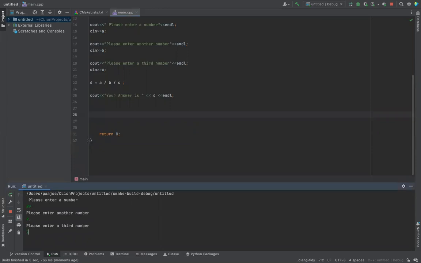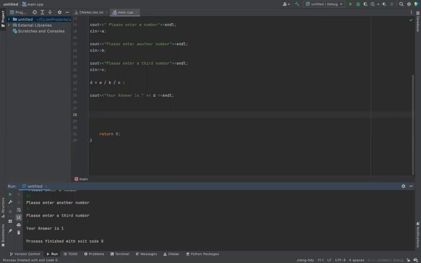89, 9, 7. Mine here is saying your answer is 1. I divided 89 by 9, then I divided the answer I got by 7. So you realize, take note of something here.